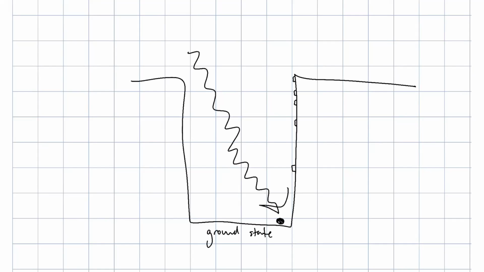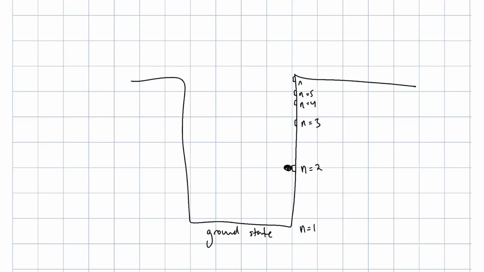So if we take some light and hit this electron with it, it can get the electron to, quote unquote, jump to a higher energy level. So if the ground state is energy level 1, then this might be energy level 2, and that might be energy level 3, and 4, and 5, and 6, and so on and so forth.